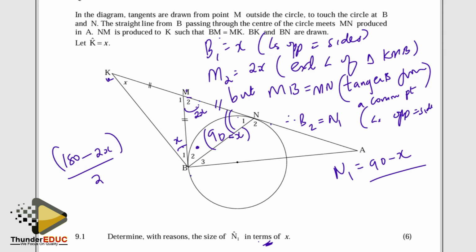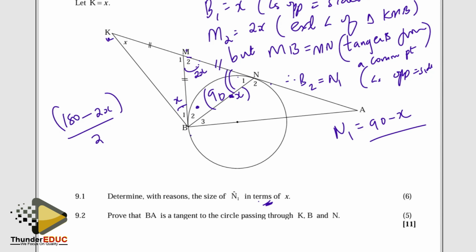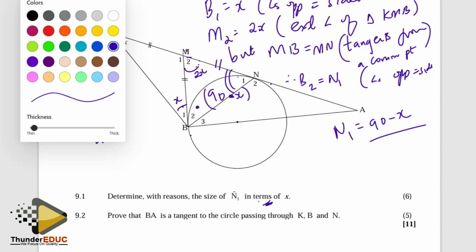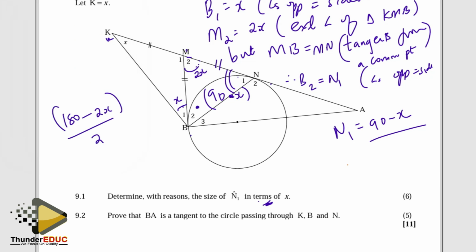You can have a simpler or quicker way, but that's how I would have gone about it. Then can we prove that BA is a tangent to a circle passing through K, B, and M? Let me just get a different color.